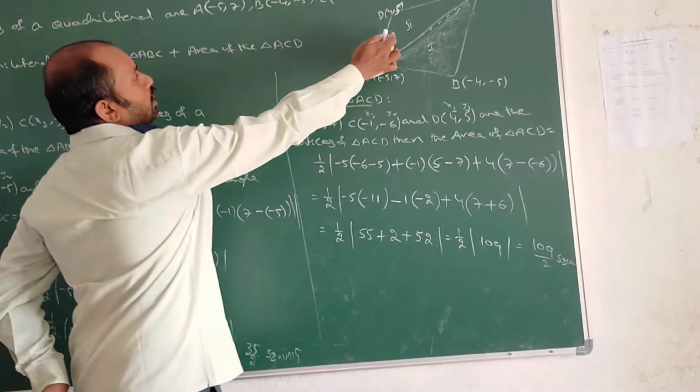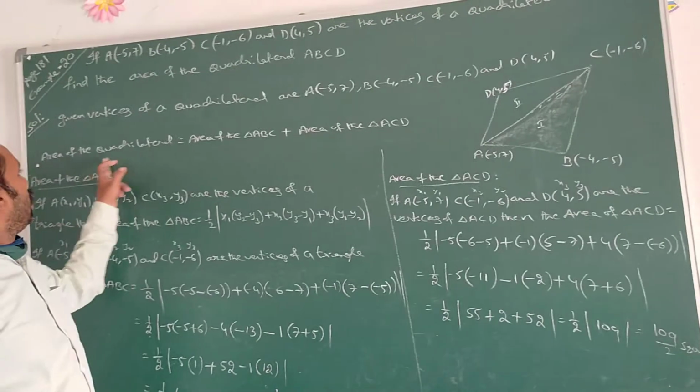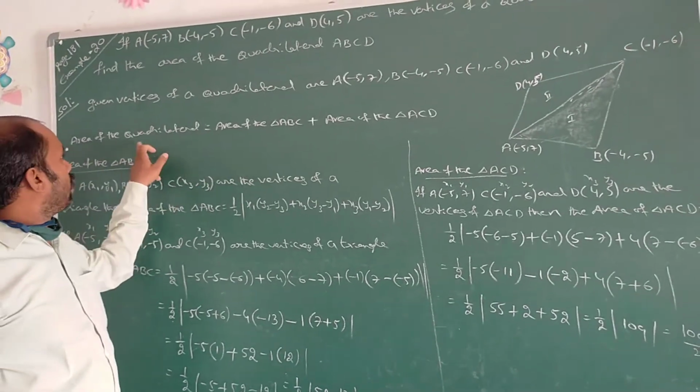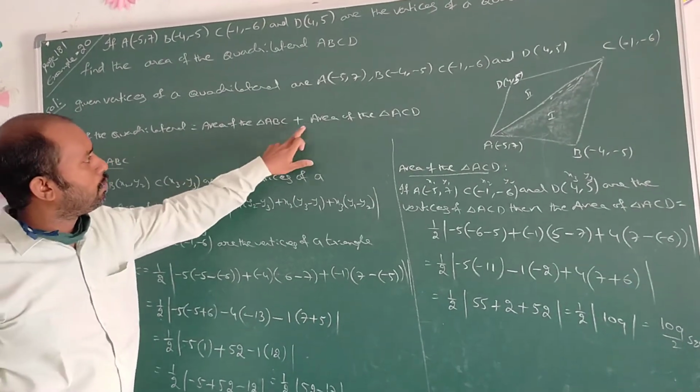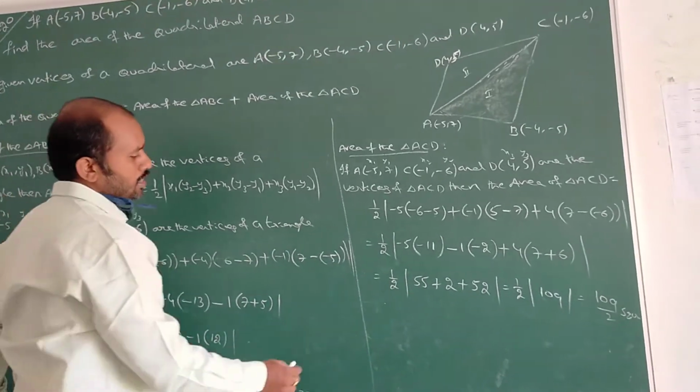Now we want to write the area of the quadrilateral. So how to get the area of the quadrilateral? Area of the triangle ABC plus area of the triangle ACD.